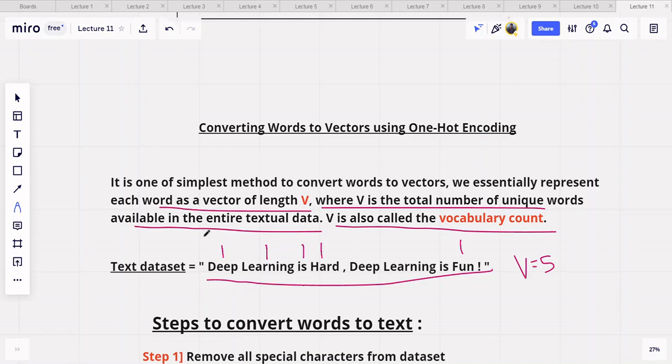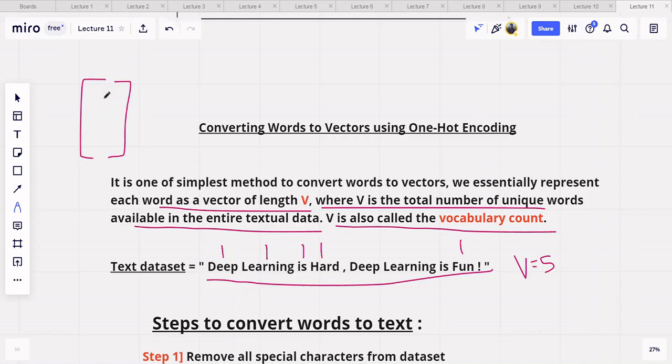In a similar fashion, we'll assign a single digit value to each unique word. Since we have 5 unique words, we'll create a vector with 5 digit values, and the vector that represents any one particular word will have either 1 or 0 in each place.